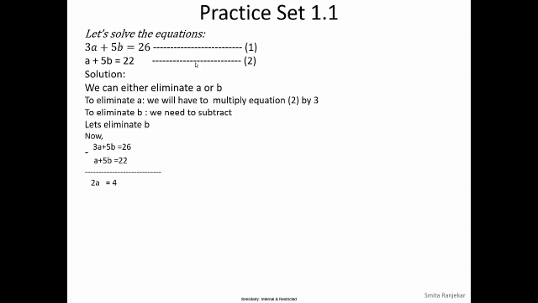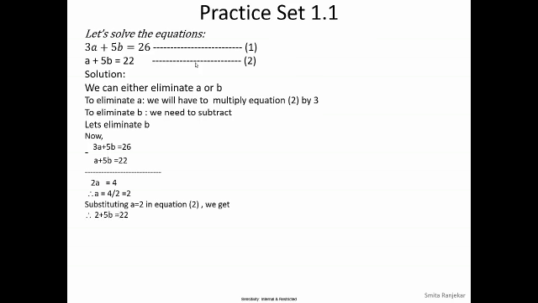Therefore, a is equal to 4 divided by 2, which is equal to 2. When we are solving linear equations, then we get the value for one variable and that value we substitute in any one of the equations. So it is easy to substitute in equation 2.